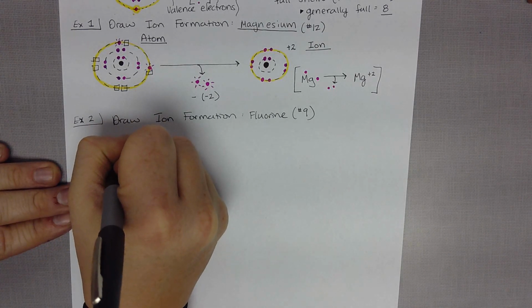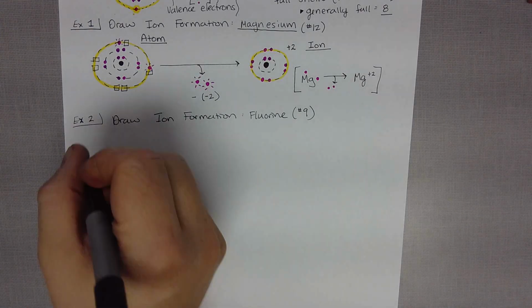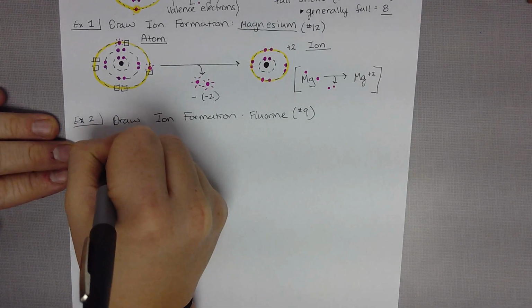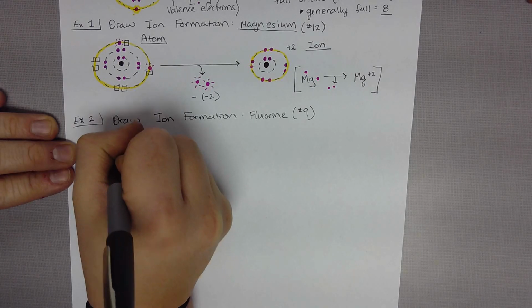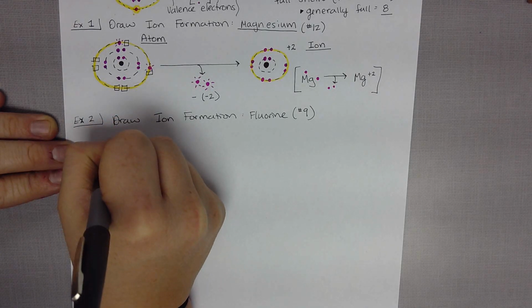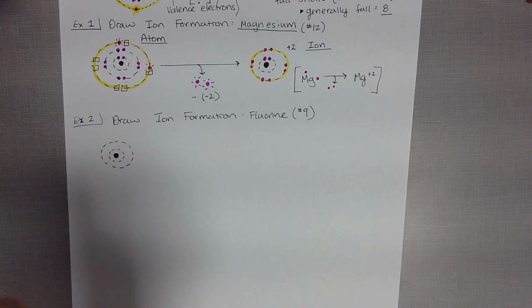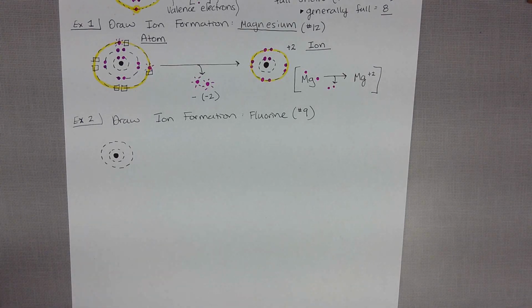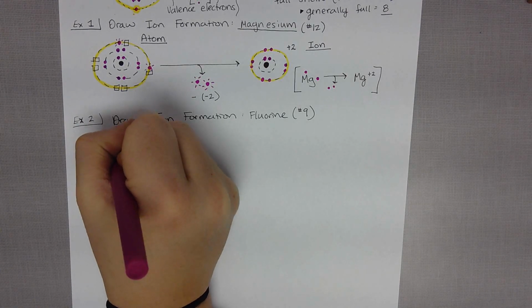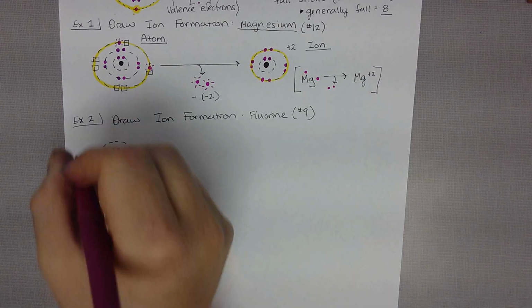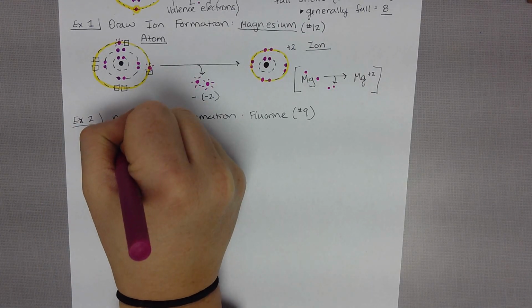Number 9 starts with the nucleus. And I need to place 9 electrons now. 2 in the first ring. And then I need to place 7 more in that second ring.